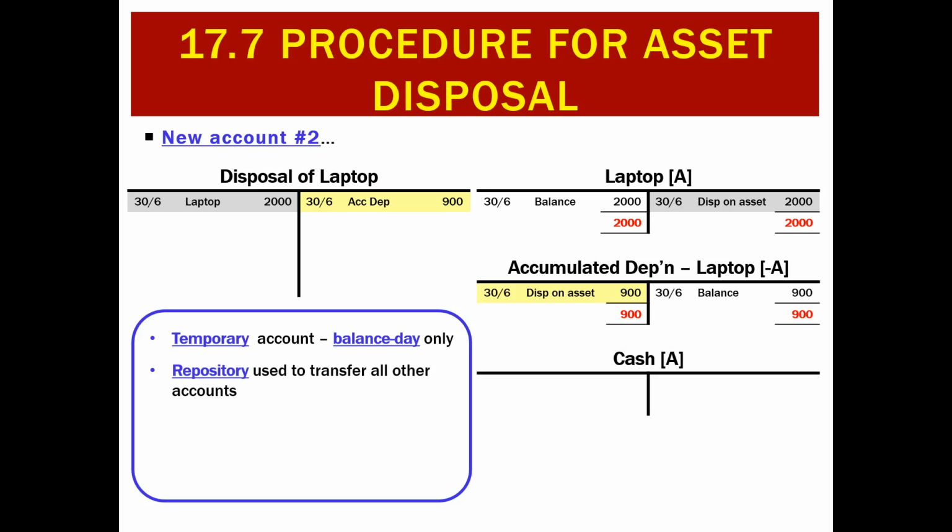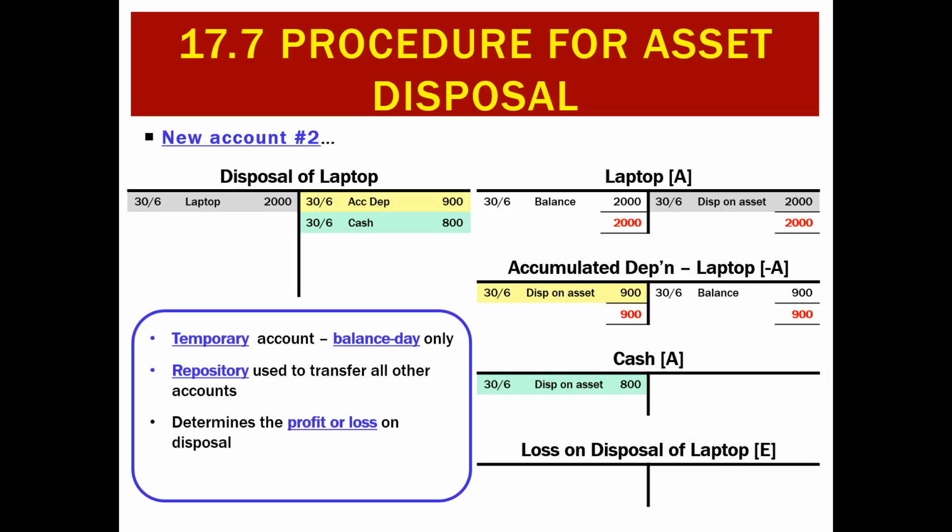The third ledger that we had was we got $800 cash from selling the laptop. Well, if we do a debit in cash, we need to match that up with a credit somewhere. That'll go in the disposal of laptop account. And lastly, we had what was called a loss on disposal of the laptop, which was an expense. So that was going to be a debit, but that needs a matching credit, so we'll send that to the disposal of laptop.